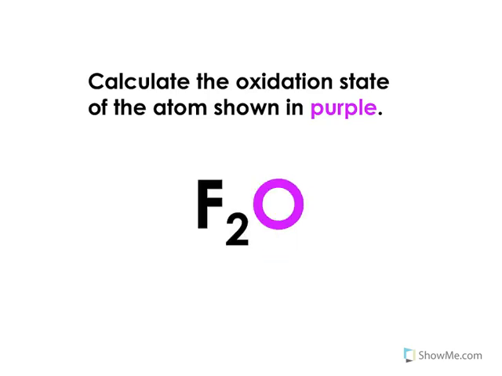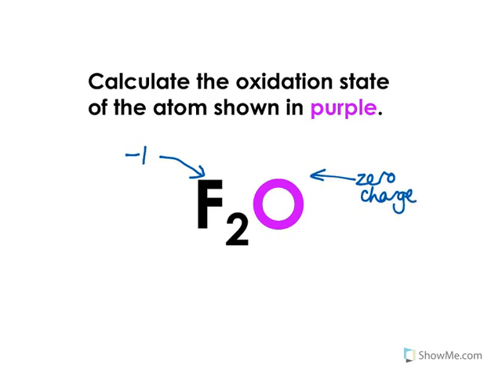Let's have a look at this one. Now, usually oxygen would be in the -2 oxidation state, but this is one of the exceptions. It is in a compound with fluorine. Fluorine, however, always has an oxidation state of -1. So we can use that oxidation state to work out the oxidation state of oxygen. Again, in this example, there is 0 overall charge.